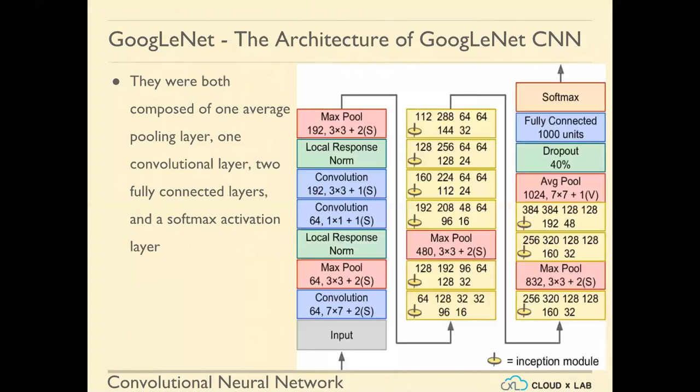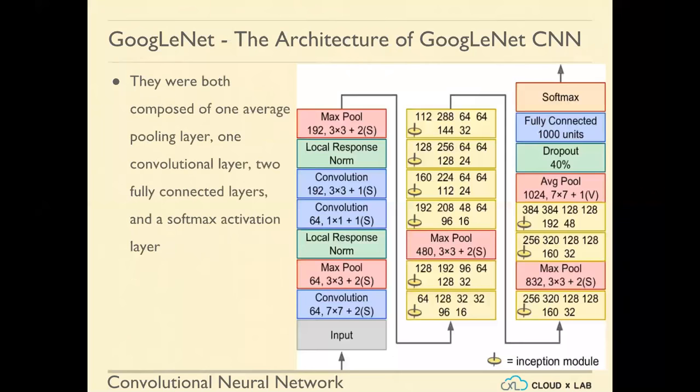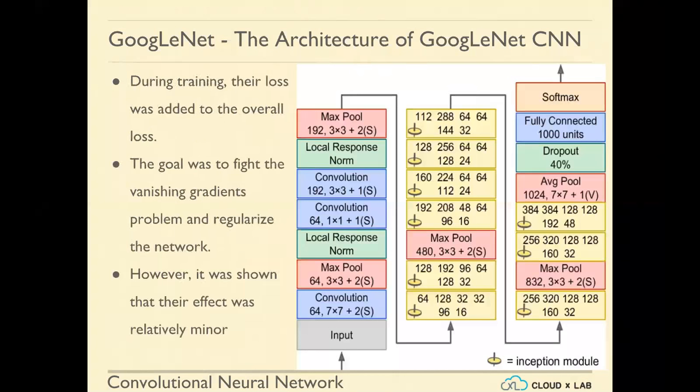So in this there were two extra modules called the auxiliary classifiers, which basically had an average pooling layer, a convolution layer, and two fully connected layers. All right. Now, during the training, their loss was added to the overall loss. The goal was to fight the vanishing gradient problem and regularize the network.